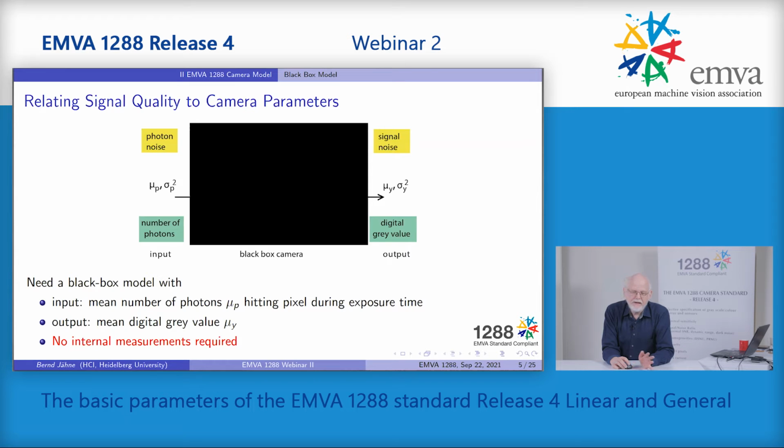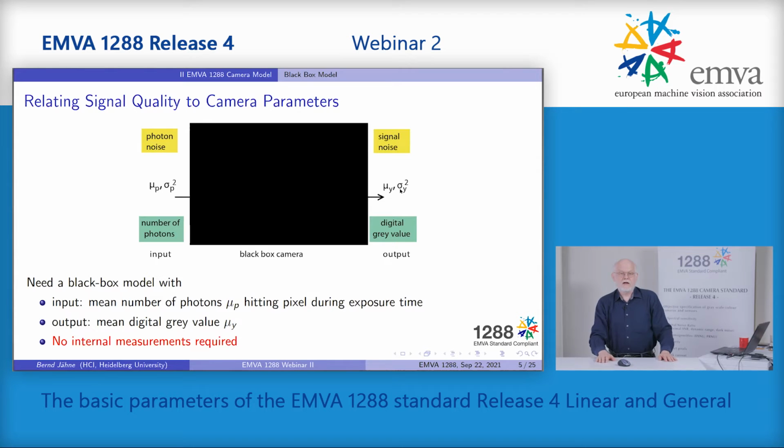So we measure basically the mean number of photons. From physics, we know then immediately the variance, and we measure then the mean value and the standard deviation of the output signal. So you might think now, is this really sufficient?